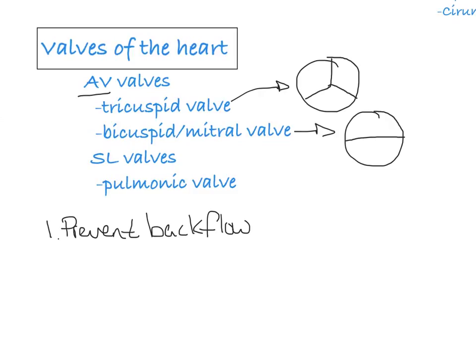So atrioventricular, telling us that it's in between the atria and the ventricles. So once the left atria pushes the blood down into the ventricle, that blood cannot come back. Okay, cannot go back into the atria. So those are the AV valves. Again, we'll look at them on the heart in just a second.